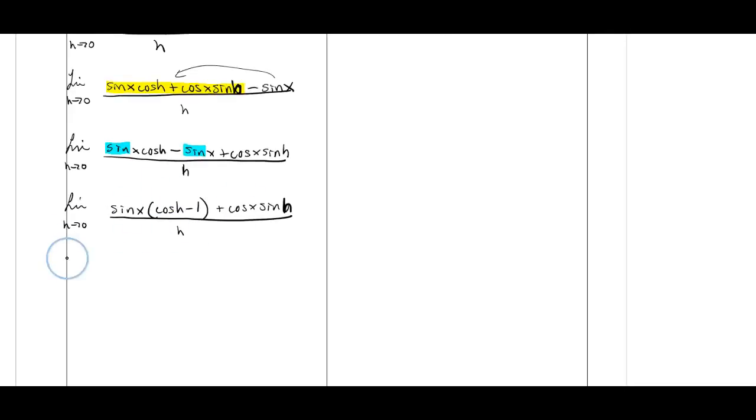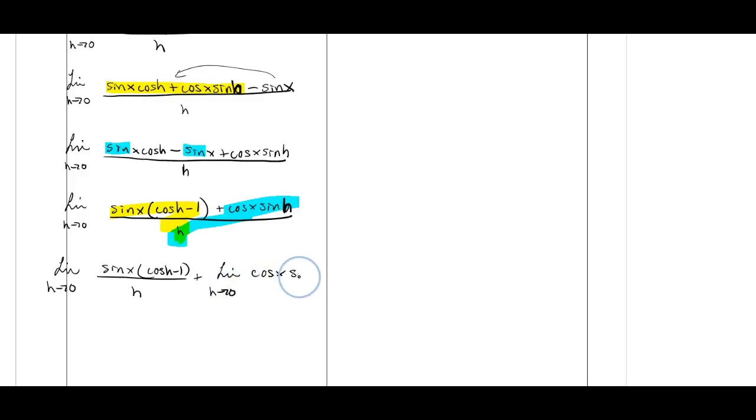Now we're going to rewrite these as two separate fractions. Limit as h approaches 0 of sine x cosine h minus 1 all over h. So taking this half here. And then we're going to do this half here. Plus the limit as h approaches 0 of cosine x sine h over h. And what we'll see now is that we've set ourselves up with our limit.